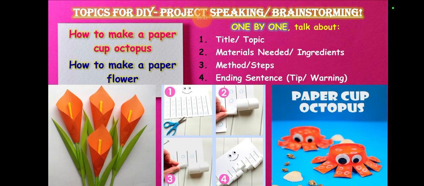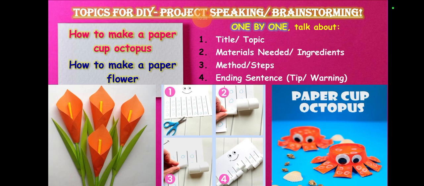Next, make its 8 strips. Then make 2 big white round eyes and then make two small round eyes. Now paste them on the face of the octopus.